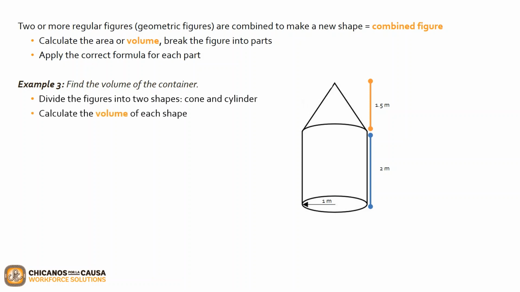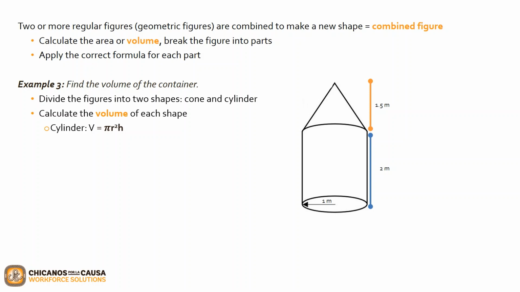Once again, if you need a refresher with the formulas, it's okay. You can always go back to previous lessons. So let's start with the volume of the cylinder. The formula to calculate the volume of a cylinder is pi times radius squared times the height.